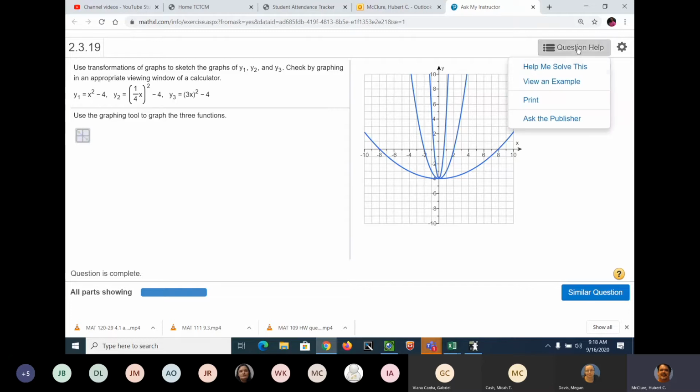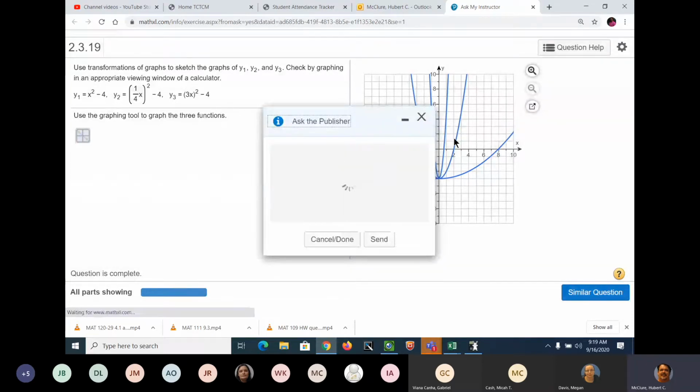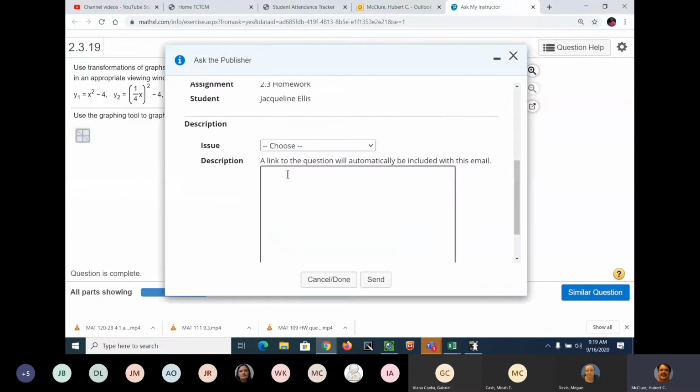I'll go ahead and send it again, but I doubt I'll get anything back. Y sub 2 needs to graph as 1/16.